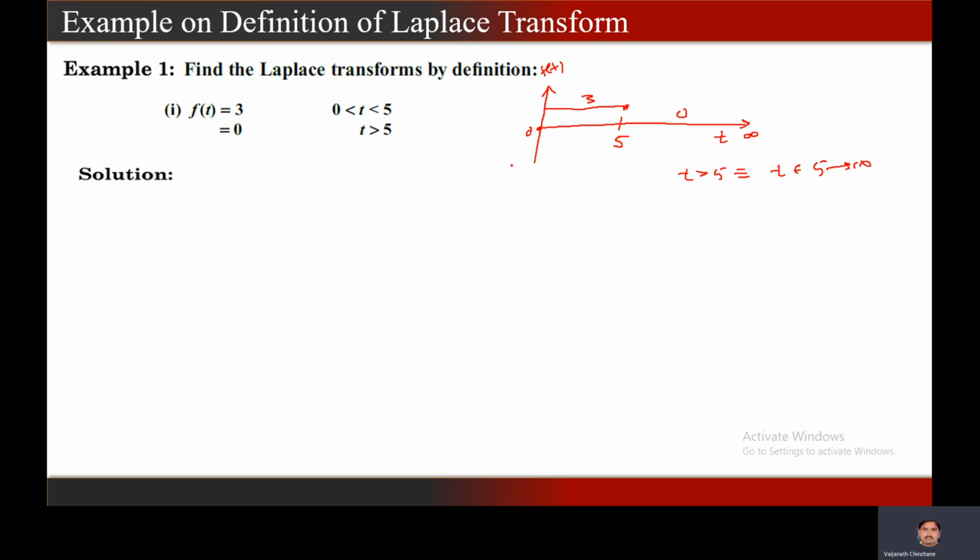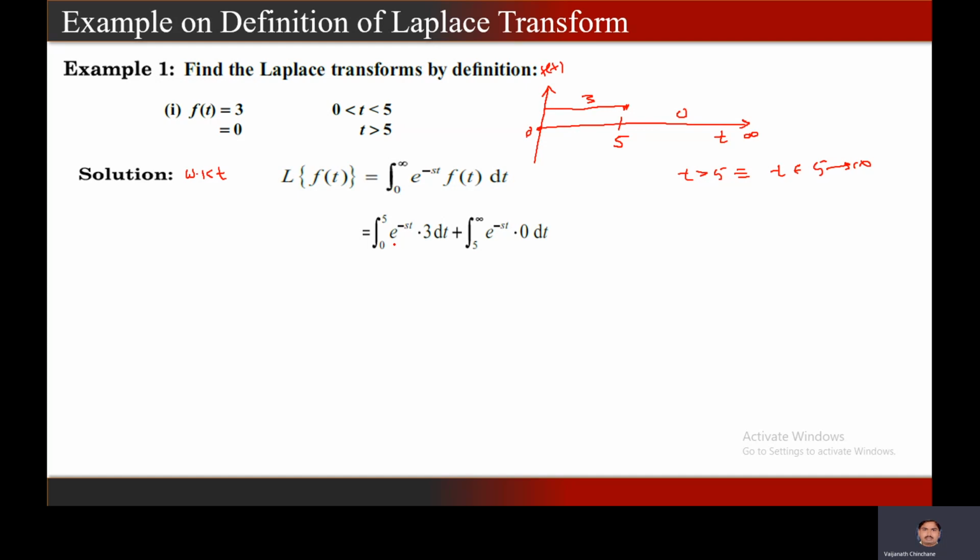So, solution. First of all, we know the definition of the Laplace transform: L of f of t is equal to the integration from 0 to infinity of e raised to minus st f of t dt. Firstly, we split this 0 to infinity into 0 to 5 and 5 to infinity, according to the condition given to you.